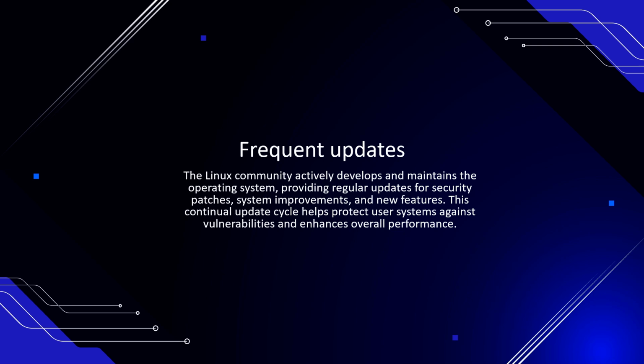If you use Windows, for example, or another operating system like Macintosh, you have to wait for the next patch from Microsoft or Apple, which is not the case for Linux, because we have an active community that almost every day and every week makes patches and operating system updates.